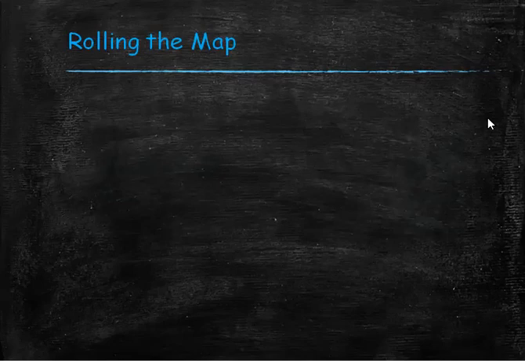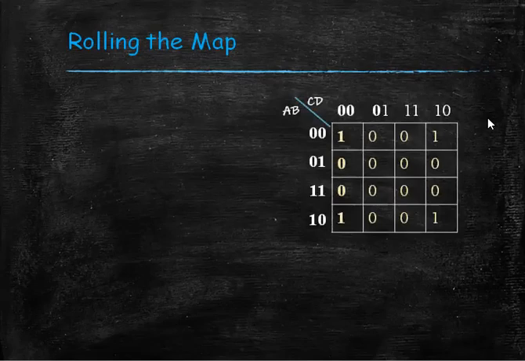For that, consider this map. Here, look at here, all four corners are ones.